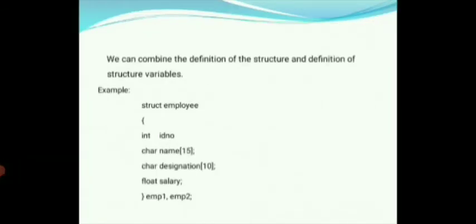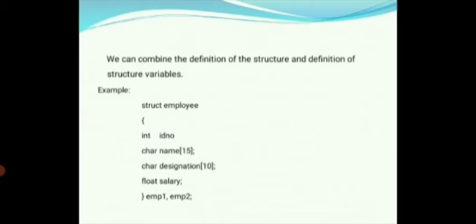Then we move on to our next slide. We can combine the definition of the structure and the definition of the structure variable. Both are in the same structure. For example, here struct is a keyword, and employee is a structure name. It consists of the data members like ID number, name, designation, and salary, having the data types int, character, and float.